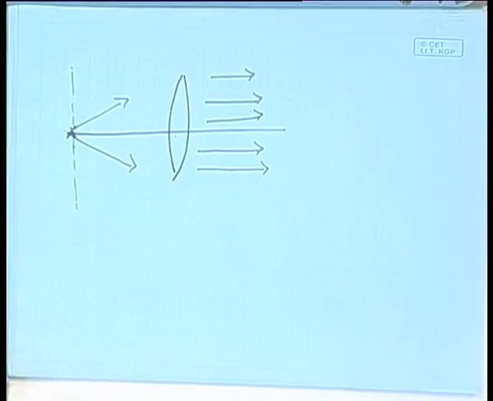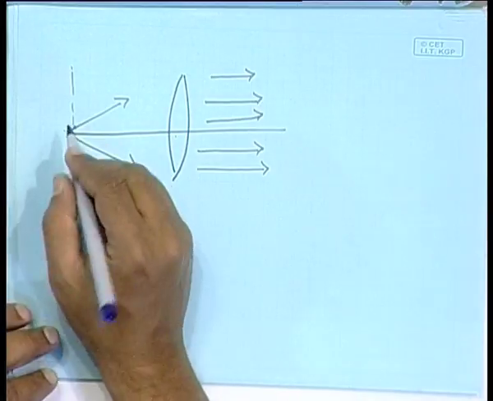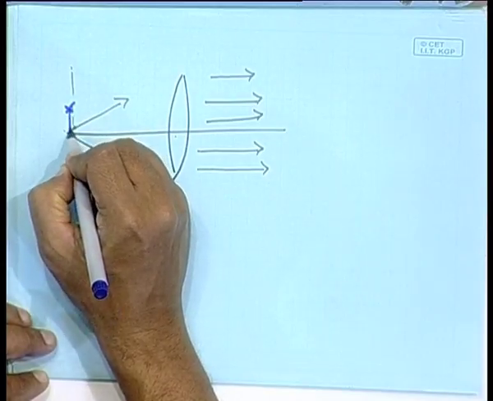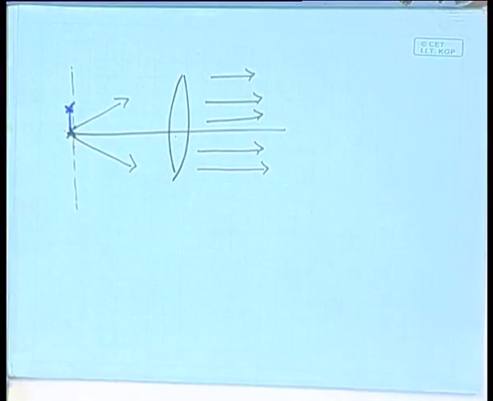Now, for the same lens, if I move the source up a little bit, what happens?